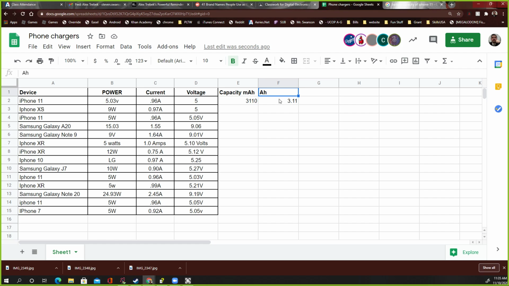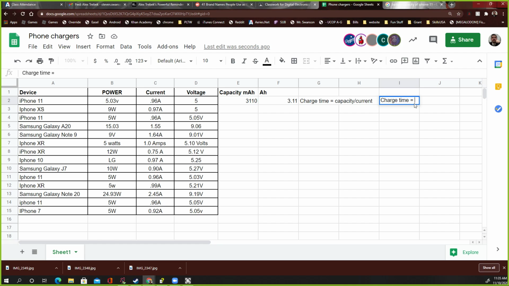We're going to figure out how long it takes to charge it. So we're putting in 0.96 amps of current in a 3,110 milliamp hour battery. Here's the equation: charge time is equal to capacity divided by current, more or less.